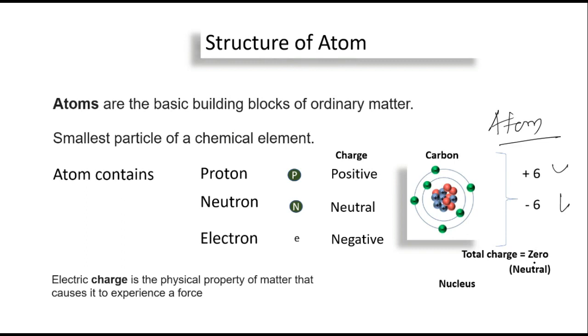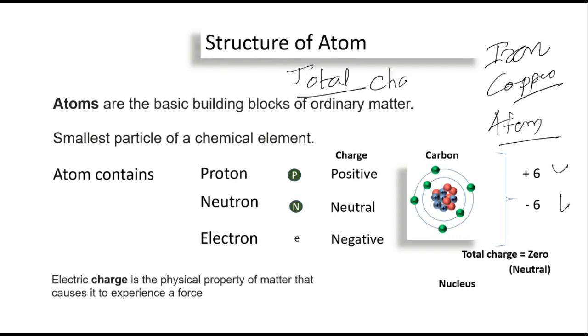Therefore, to summarize, atoms of all the pure elements, maybe you take an example of iron or aluminium or copper or any element you take, the total charge, let me write here, remember, total charge of an atom is always neutral.